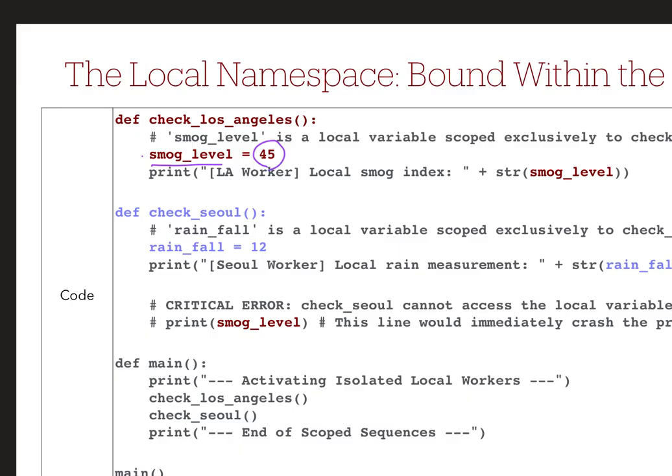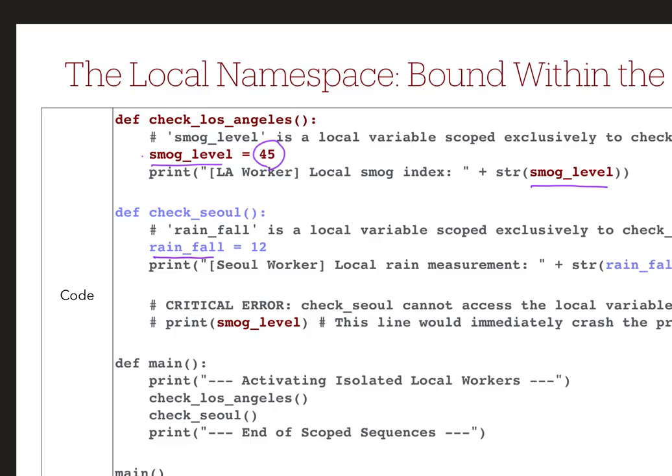And say in check Seoul, I have defined a variable called rainfall with a value 12. So I can use this smoke level variable only within this check Los Angeles function. If you try to access its value there, that is fine.